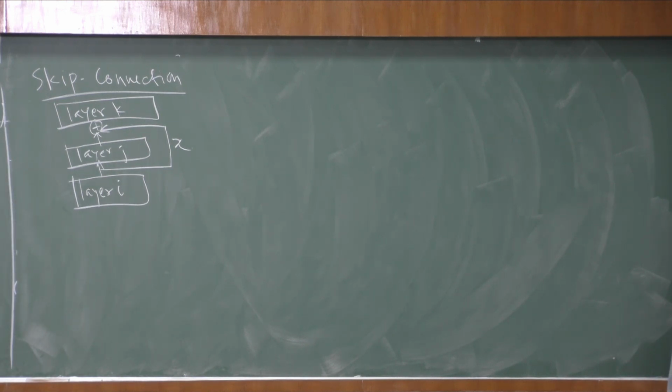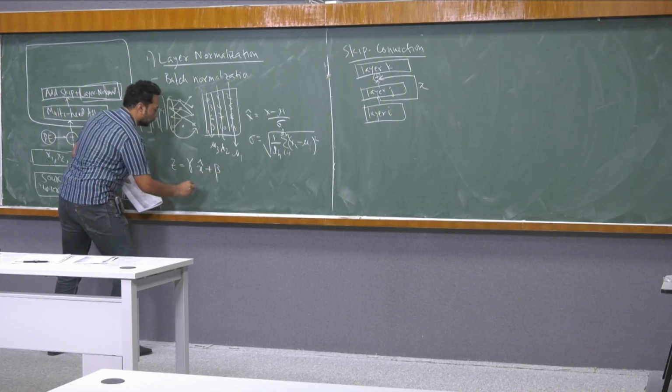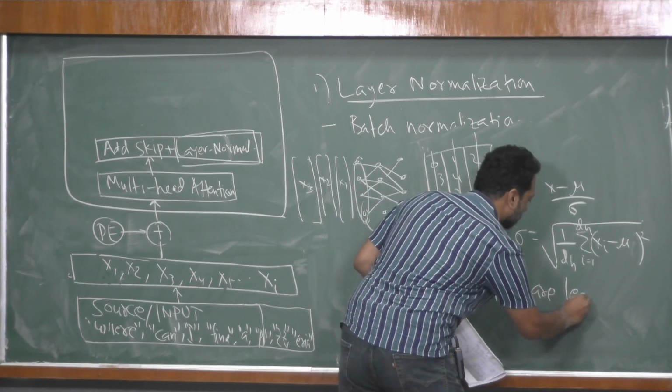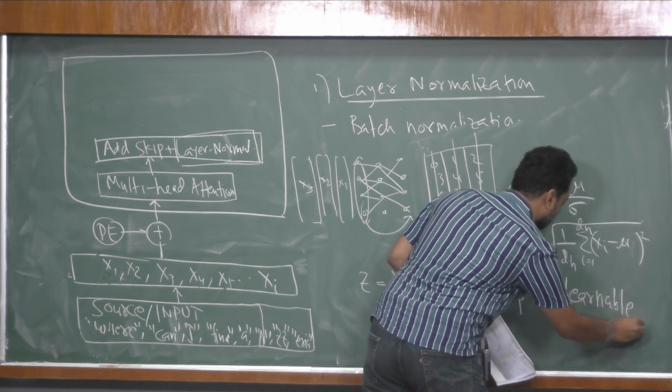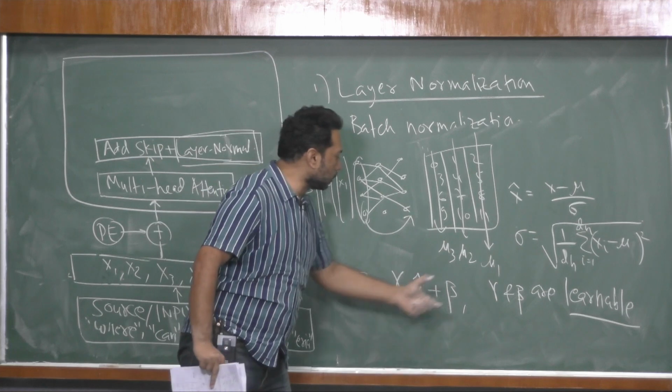In the layer normalization, just to add a little bit, when we compute these normalized weights, there is sometimes also a way to have some learnable parameters, gamma times x hat plus beta, where gamma and beta are learnable. So after doing this layer normalization, they add these gamma and beta also as weights of the network.